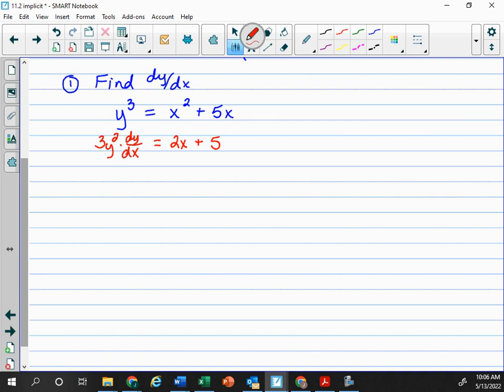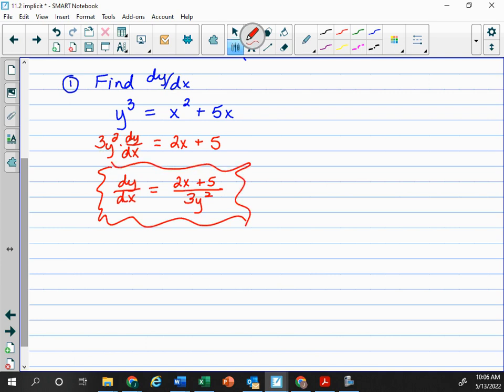What are we solving for? What did I ask you to find? dy dx. So let's solve for dy dx. What would that be equal to? 2x plus 5 divided by 3y squared. Yes. That is your answer. So you're going to have y's in places that you're not used to having y's.